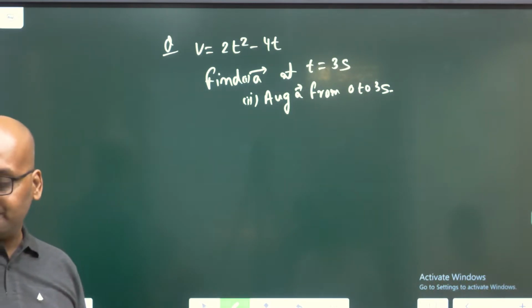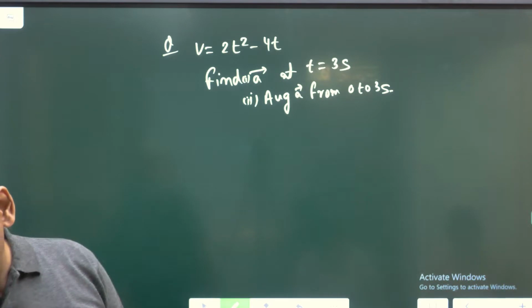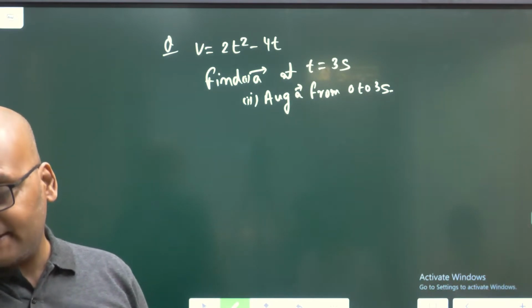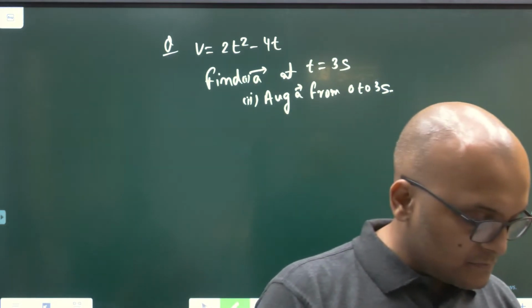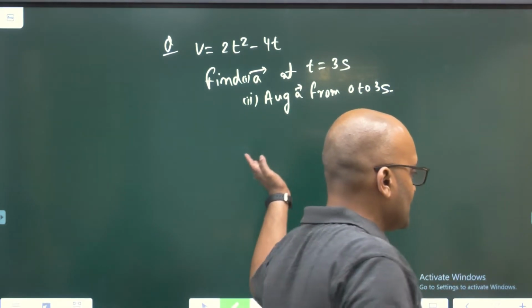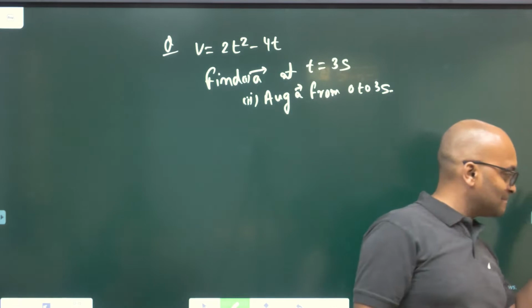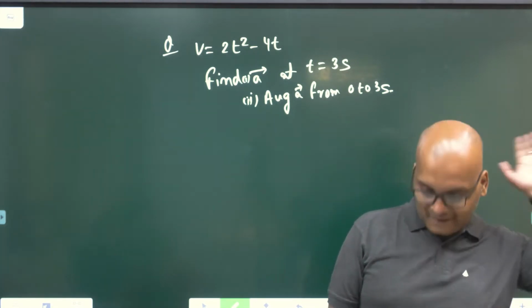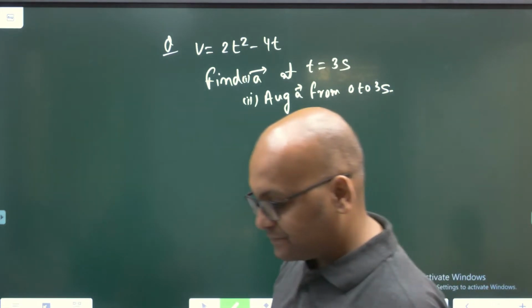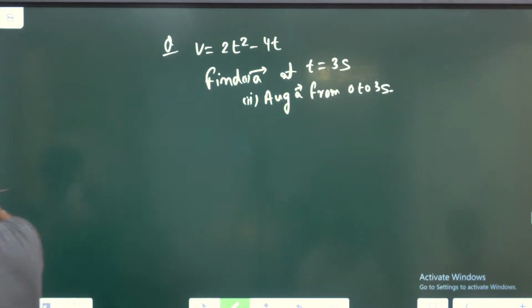Gauranshi, how much time will it take? So just 2 minutes. For this question? Sir, acceleration will get, average acceleration 1 minute. Acceleration is 4t minus 4, and at that instant it will be 8 meter per second square.